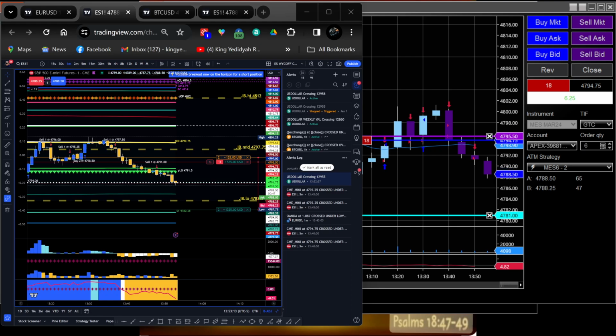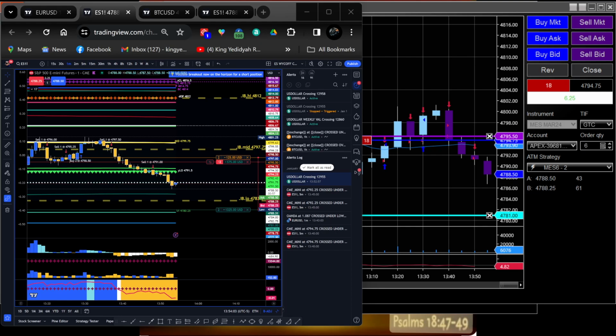Sweep and Q. Absorption RTY. Stops ES sell. Stops and Q buy.